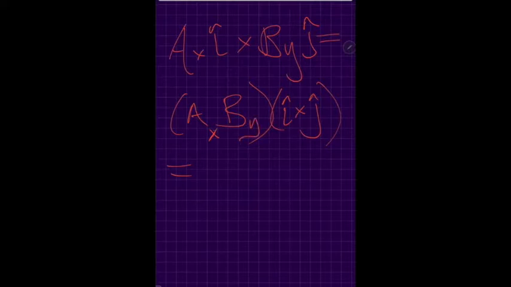So we have this one term, the second out of 9 terms. Well, I cross J, we said, is equal to K. So this one term is a vector.